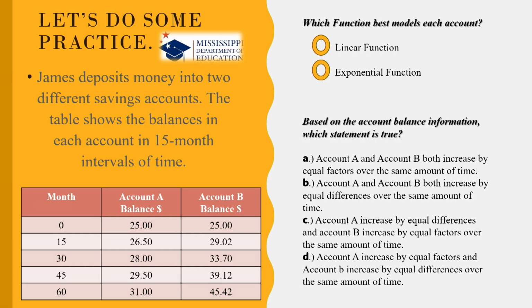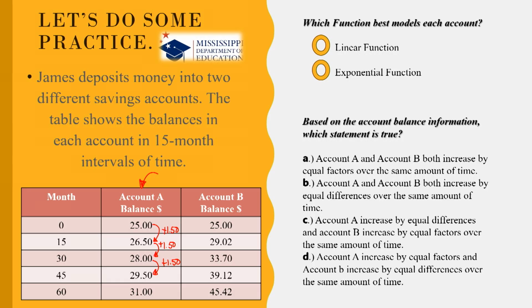So if I look at this first account, what do I do to go from $25 to $26.50? I am adding $1.50. So then what do I do to go from $26.50 to $28? I am yet again adding $1.50. So from $28 to $29.50, you guessed it, I'm adding $1.50.